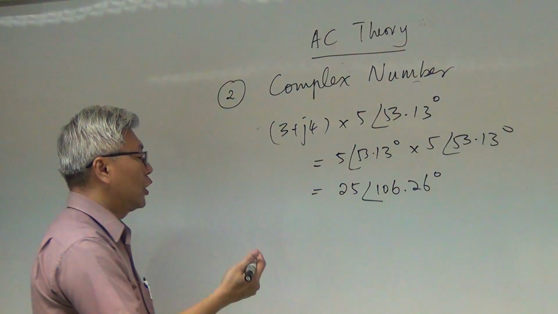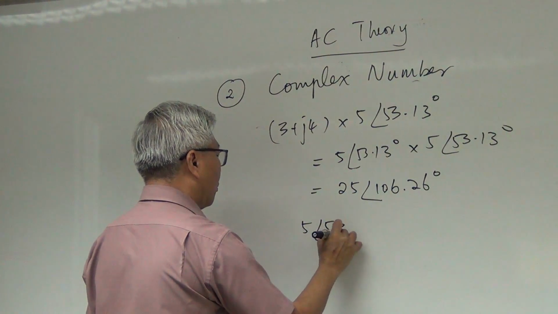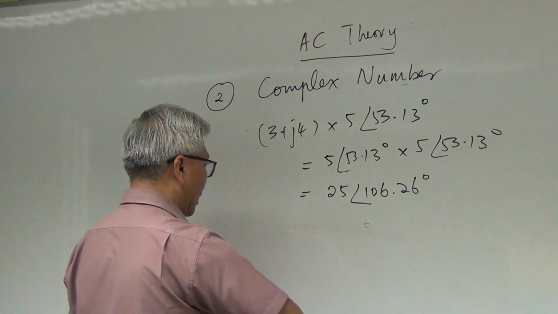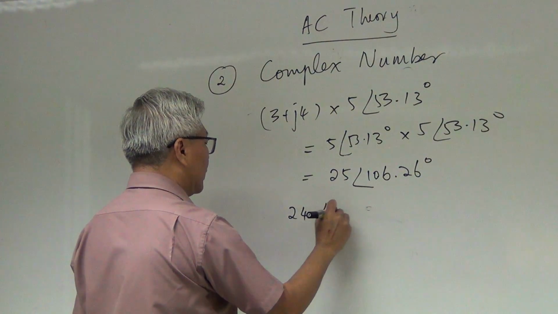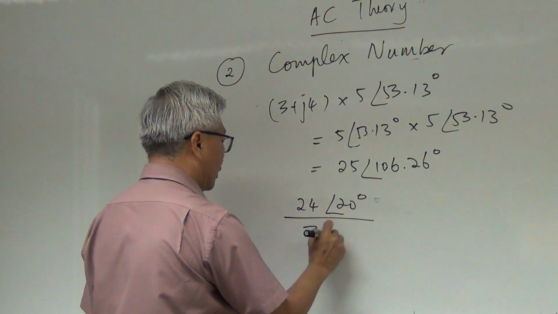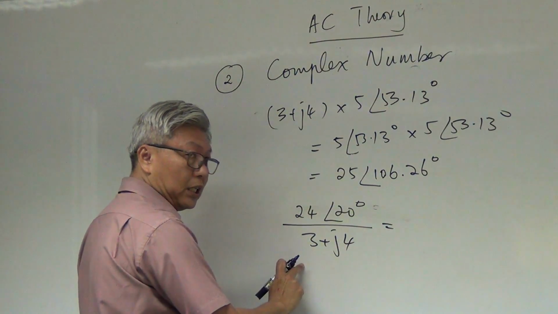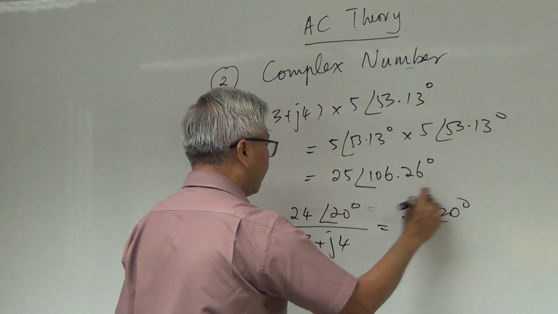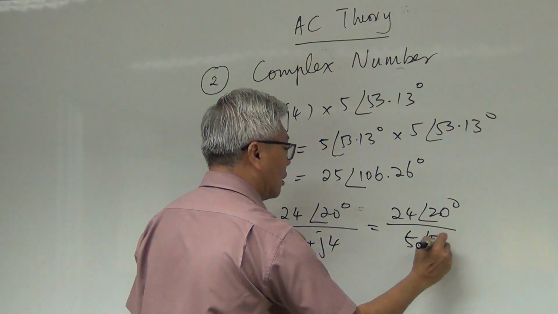Right? Division. If I have division, 5∠53.13°, rather, I have 20° divided by 3 + j4. Right? Division. Then both must be in polar form. So I have to convert 3 + j4 into polar, so that's 5∠53.13°.